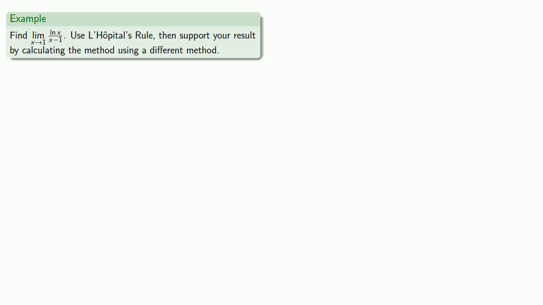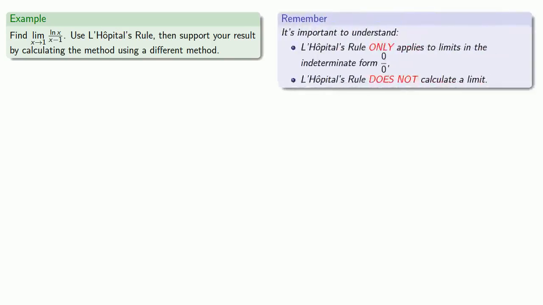Find the limit as x approaches 1 of log x over x minus 1. So even though the problem says to use L'Hopital's rule, let's go ahead and verify that we can use L'Hopital's rule. So the thing we have to check is to make sure that we have a limit of the indeterminate form 0 over 0.